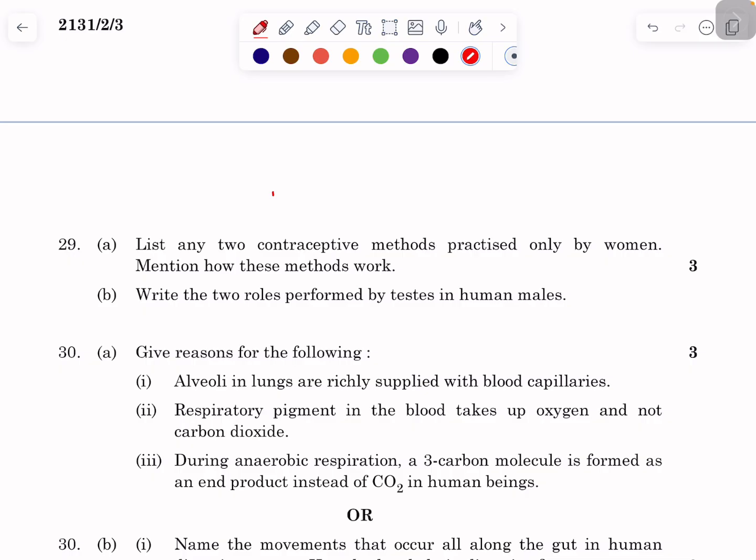Another one is a loop or copper T, which prevents pregnancy by blocking the entry of sperms through the vagina. And another method is the surgical method, which does not allow the egg to reach the uterus. These three methods you need to write here.